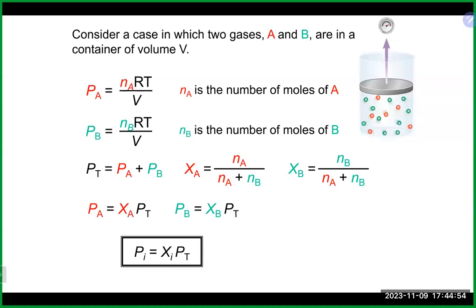Now, there could be a situation where maybe you don't have enough information to use the ideal gas law. Maybe you don't have the temperature or the volume, but you do have a couple of important pieces of information. One is that you have the ability to figure out the moles of each gas.